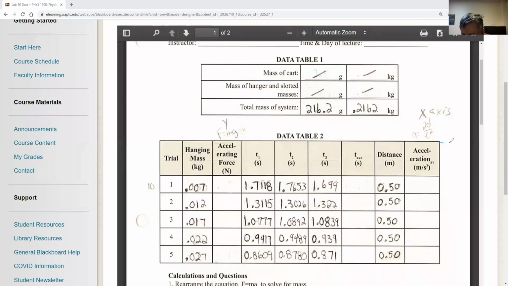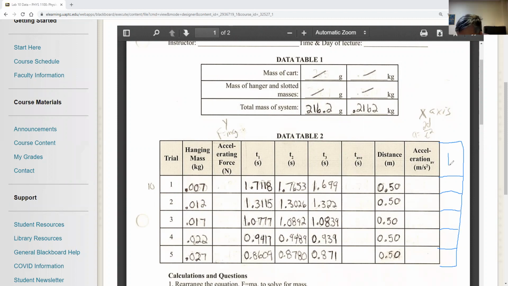I want you to add another column, and I'm going to draw this column right here. Hopefully you can draw it better than I can. I'm using this tool that's on Zoom, and well, it's not exactly an easy way to draw a straight line, and I have trouble drawing straight lines anyway.